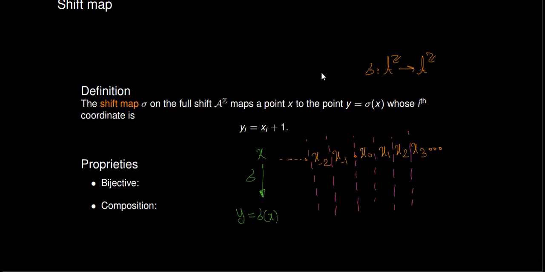If we act with the shift map, this one goes to this position, this one goes to this position, and so on for each one. Okay, right now it's a little bit clear.